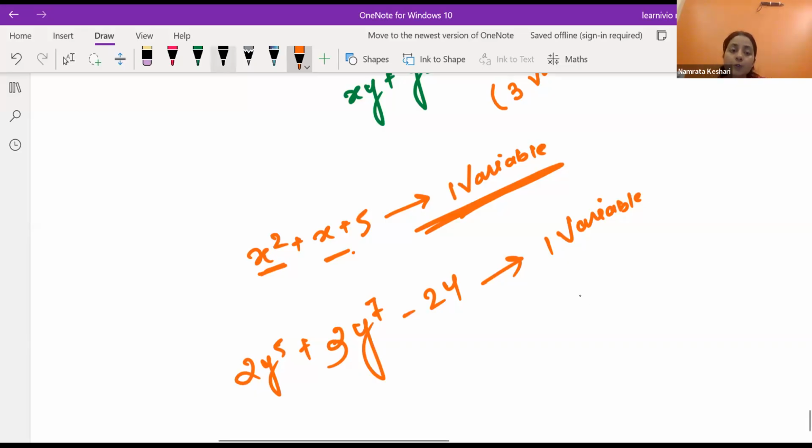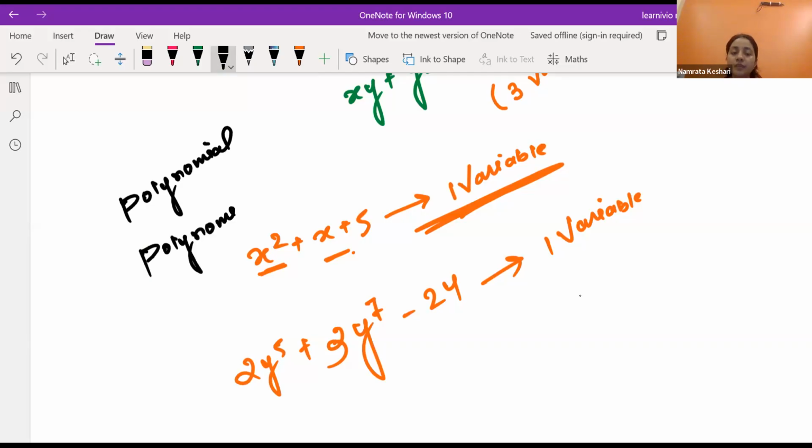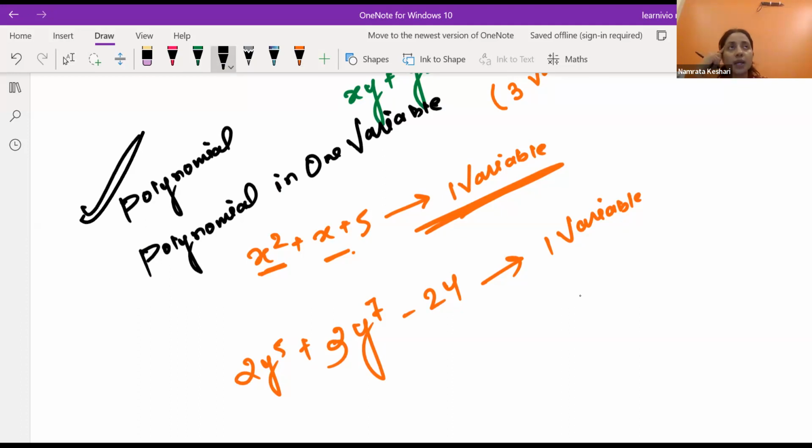Even if just polynomial is written or polynomial in one variable is written, we will be thinking about one variable only. Even if just polynomial is there, in my mind one variable has to be there. So polynomial or polynomial in one variable, both mean the same. One variable has to be there. Making sense? Yeah.